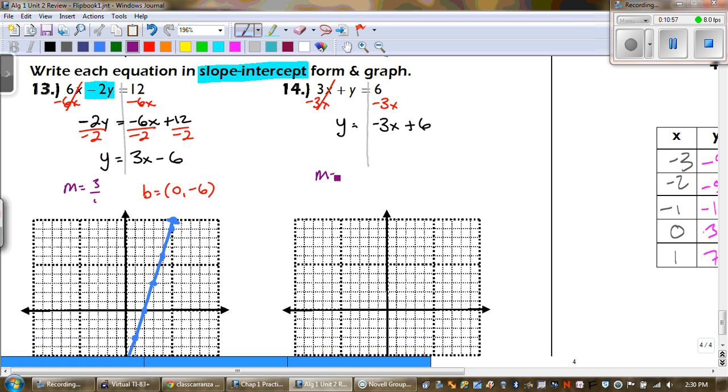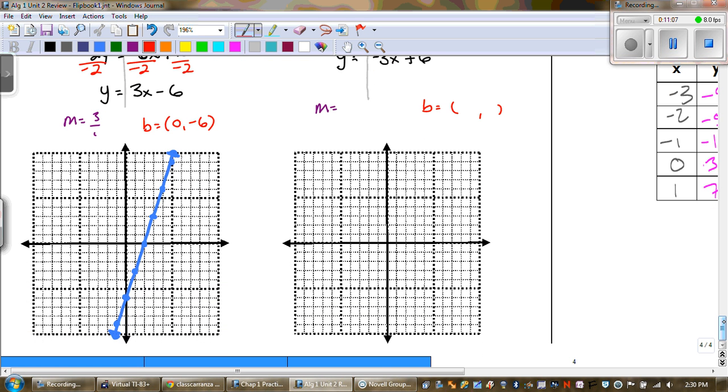Make sure before you graph, write down what the slope is and what the y-intercept is, okay? Before you get started. All right, pause the video and good luck. Okay, and that's what you should have gotten.